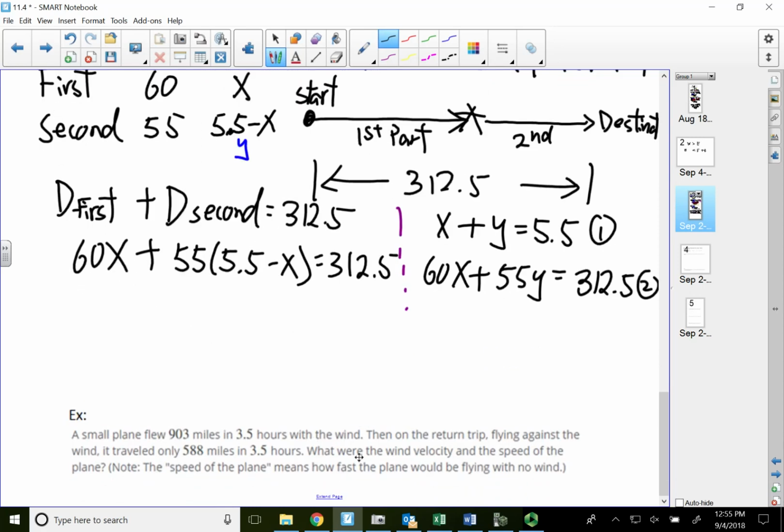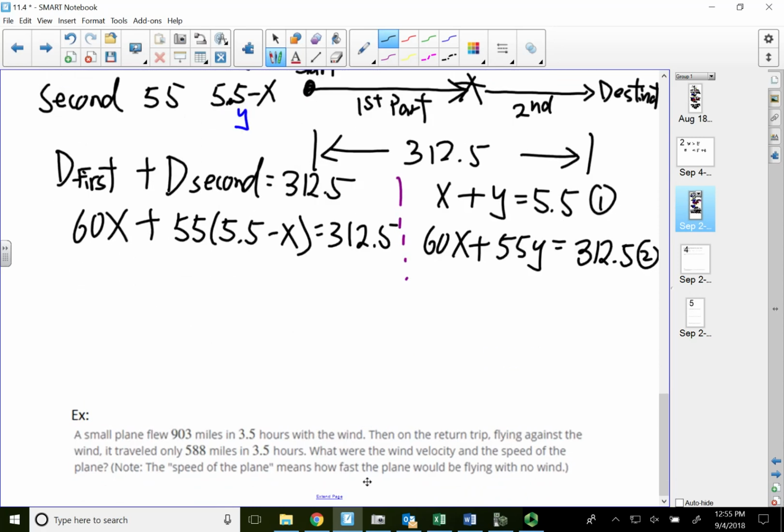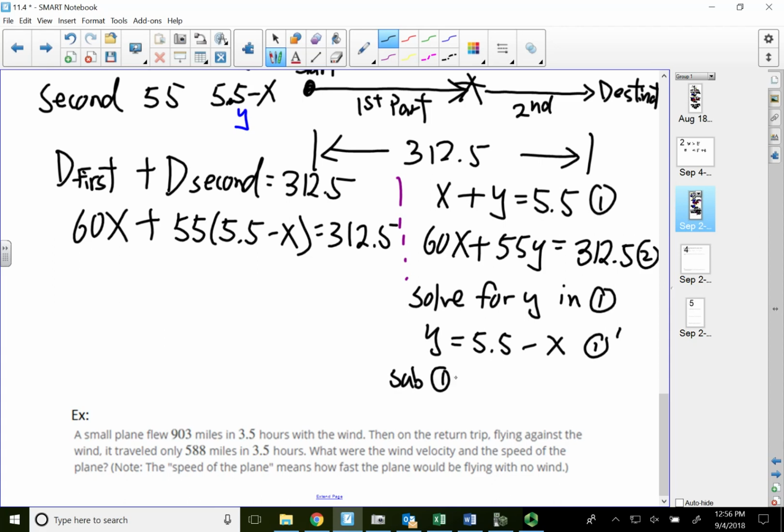So let's do the substitution method. Let's solve for y in the first equation. To get y by itself, I've got to move my x over, so y equals 5.5 minus x. Call this equation number 1 prime, because now I need to substitute equation 1 prime into the second equation.